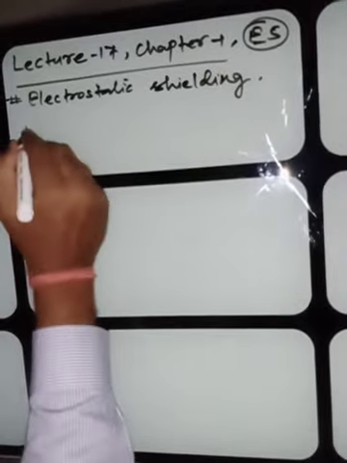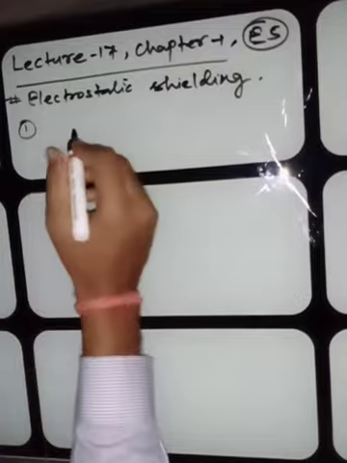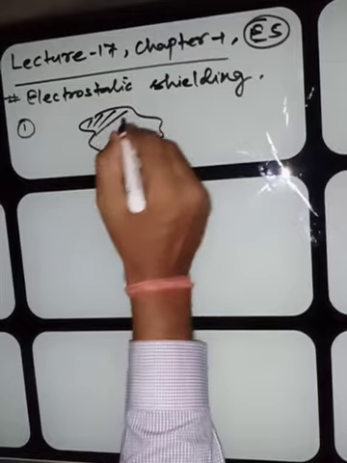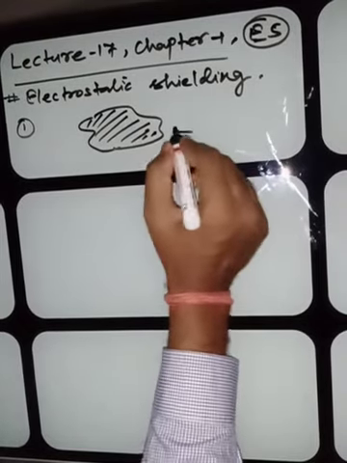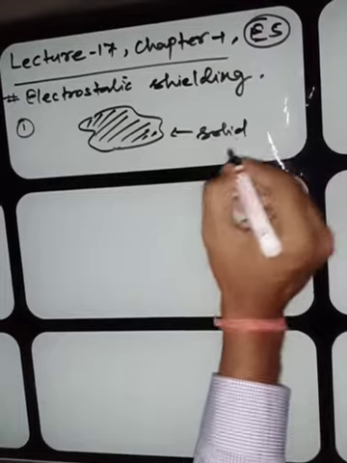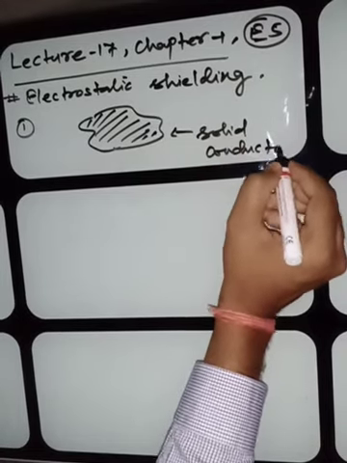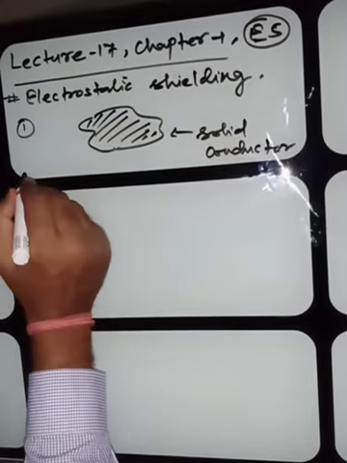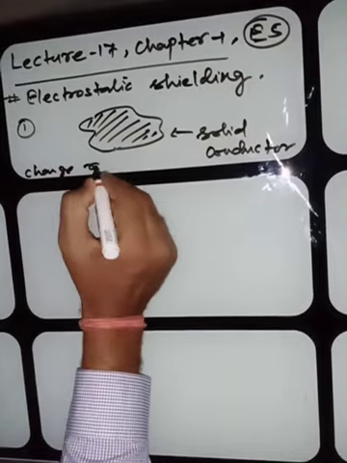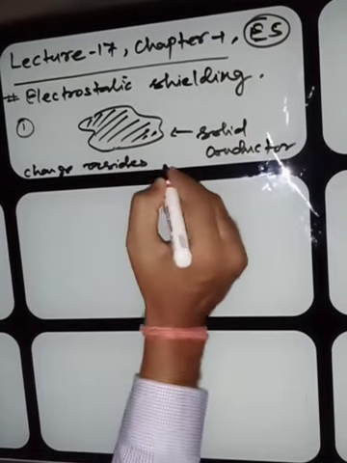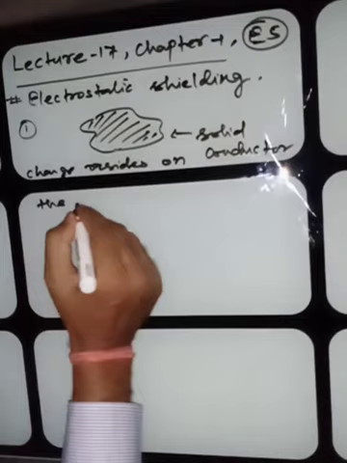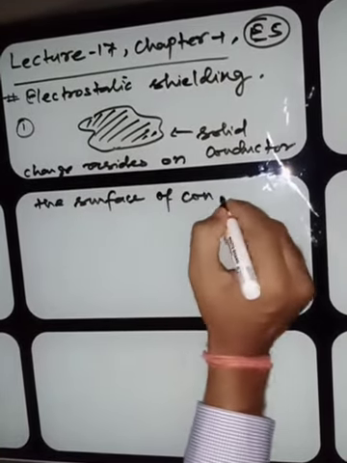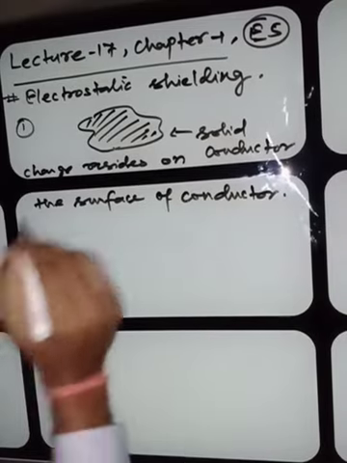For the first point, remember, if this is a solid conductor, charge always resides on the surface of the conductor. Kindly note this down.